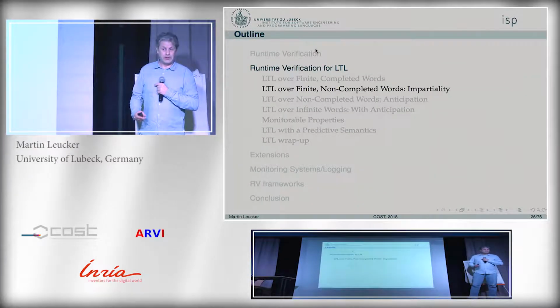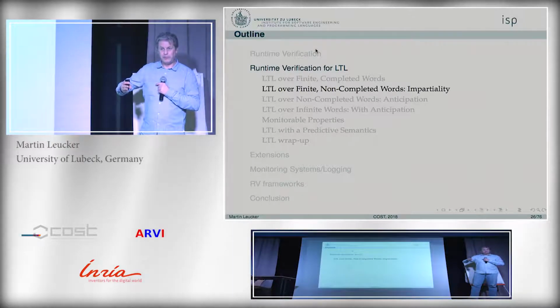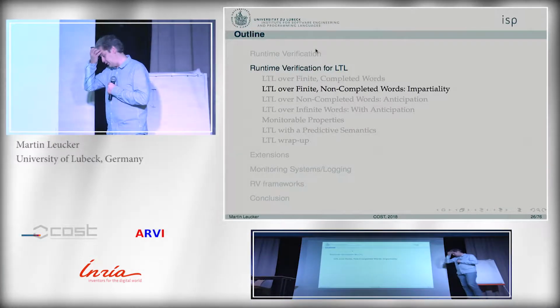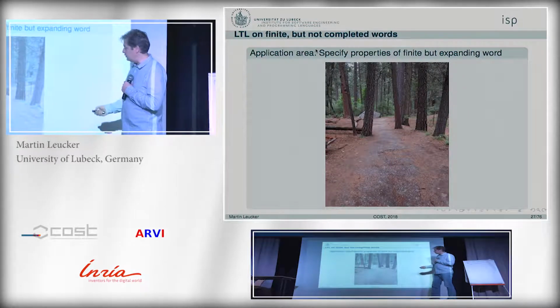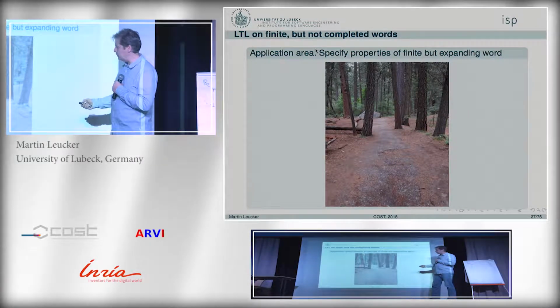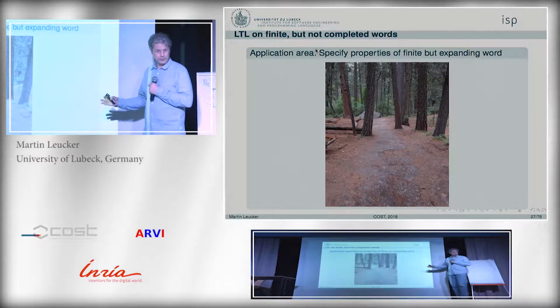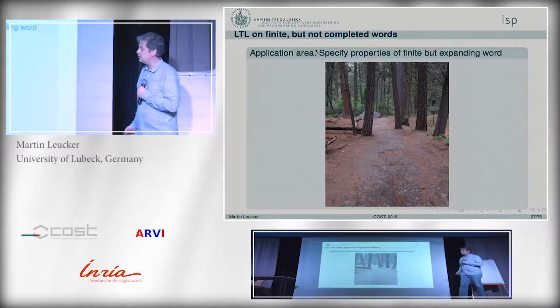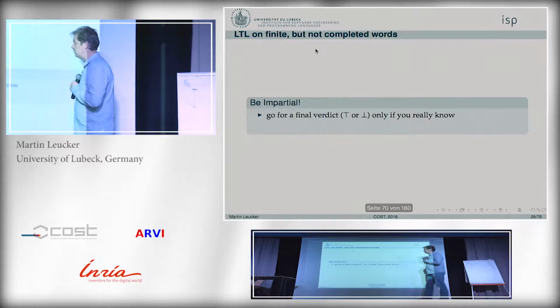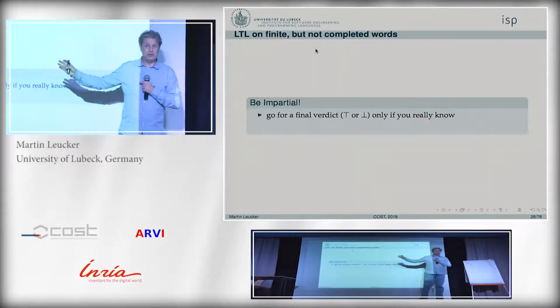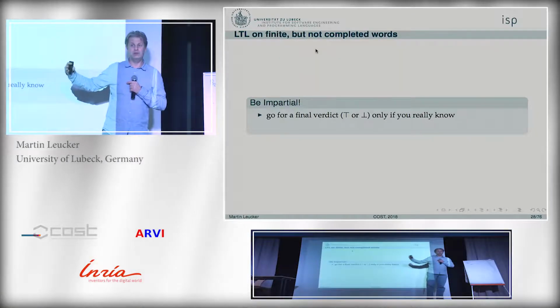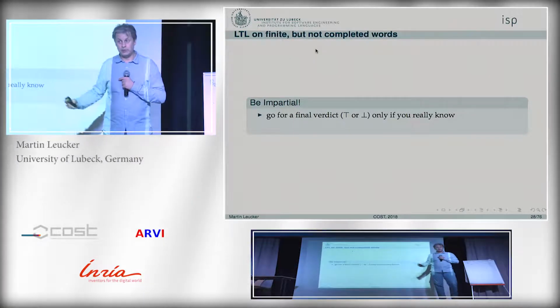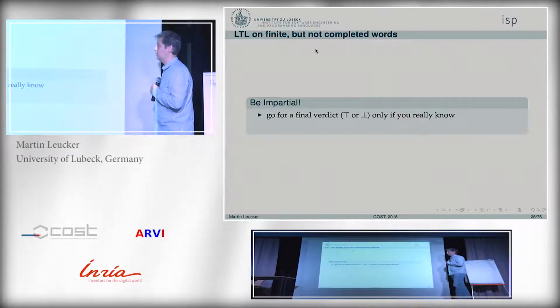Now, if we are in the setting of online monitoring, where we want to issue a verdict while the computation is still running, we see the run up to this moment, but we know that it's going to continue, and we just don't know how. It's not really a good idea to say either true or false, because true or false may depend on the next event that we still don't see.